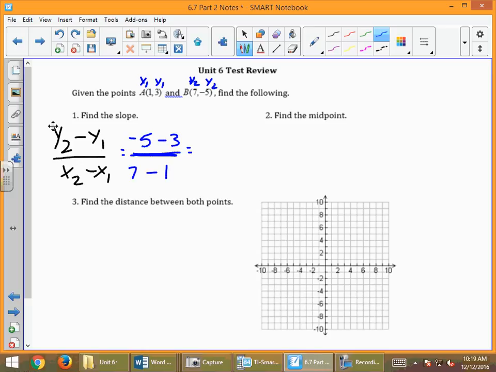Clean it up. What's -5 minus 3? -8. What's 7 minus 1? And what does that simplify down to? -8 over -6 simplifies down to?